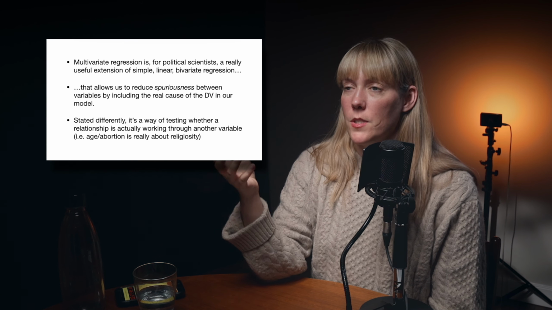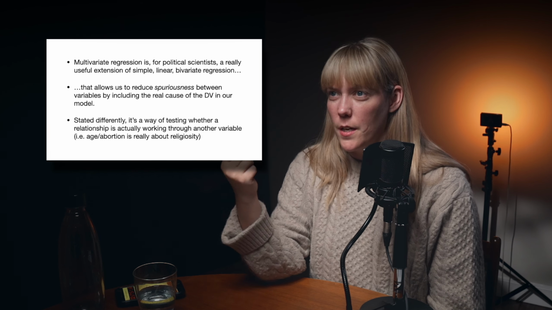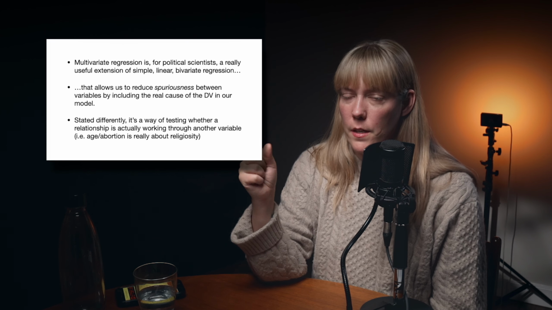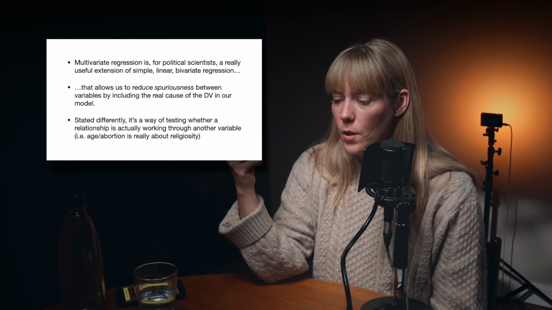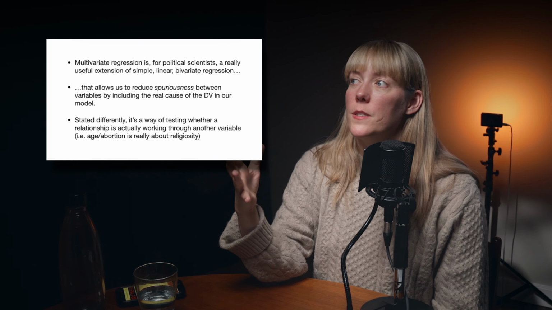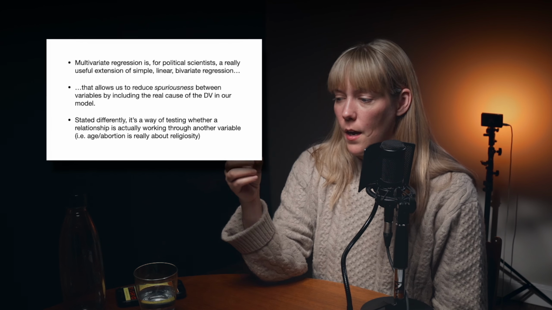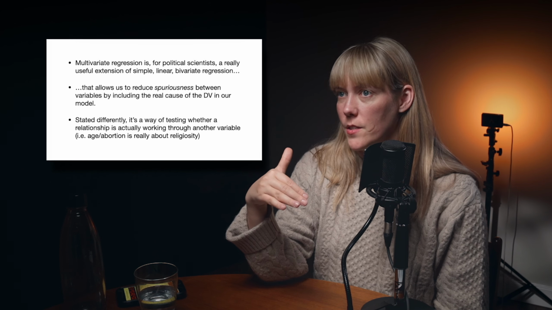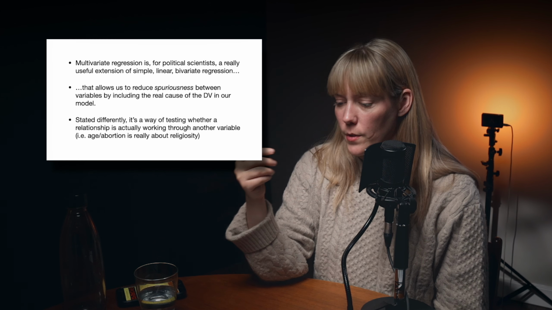We're thinking about them as causes because we've done that causal logic in advance, right? The regression can't tell us what's causing things. We still have to do that causal logic work, but we can at least take multiple things into account at the same time, which reduces the potential for us identifying what's actually a spurious relationship.